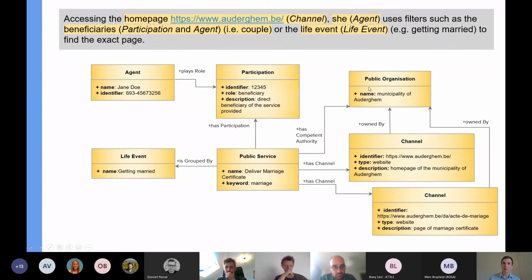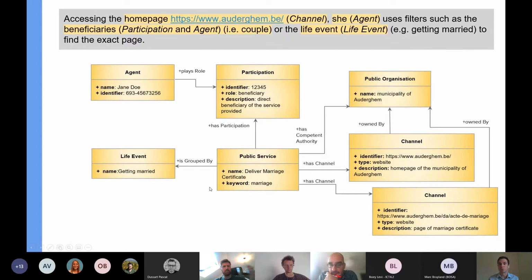Then we enter into more channel types of discussions, where from the keywords and the results of her search, Jen is able to find the homepage of the municipality of Oudergem, and from there use different filters and categorizations, such as here in the example proposed through life events, for example, the list of life events on the website, and as a user you quickly understand and select the ones that are actually relevant for your search.